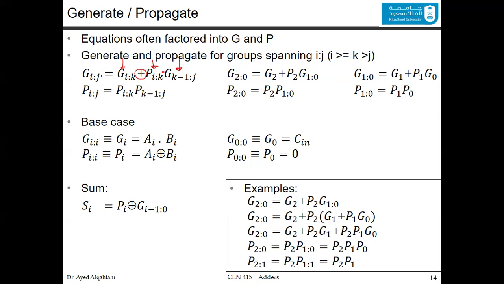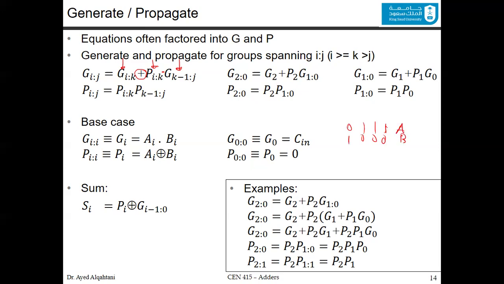This is the group generation. And here is some example. Again, I will do the same here. Anyway, it could be anything.